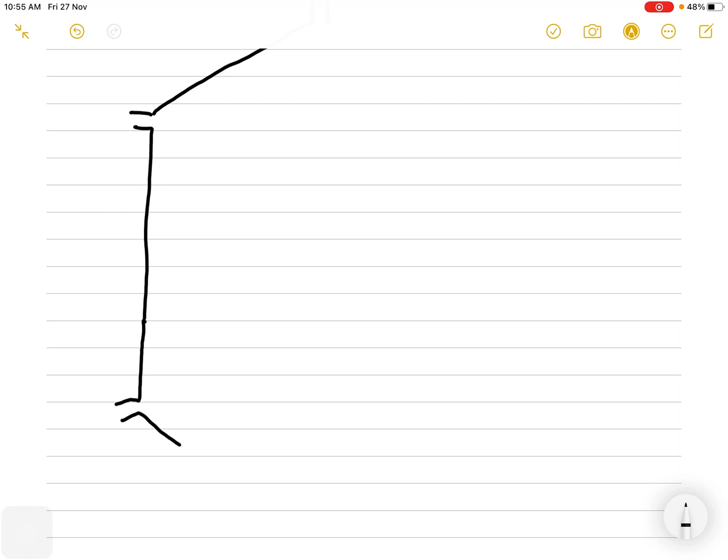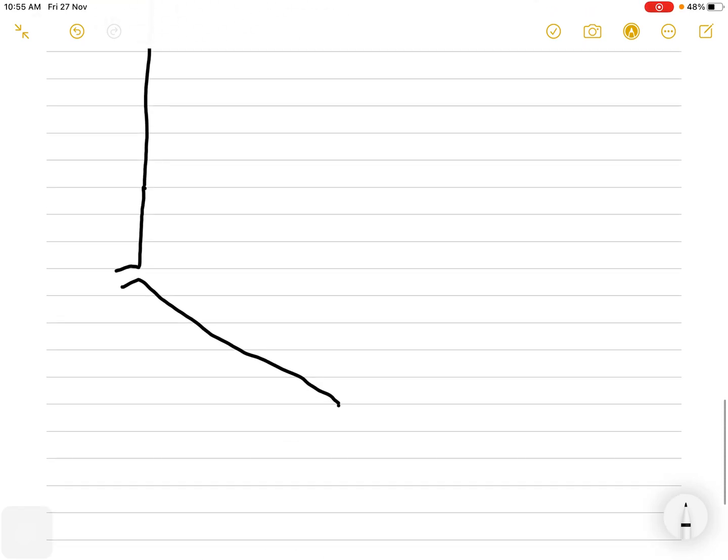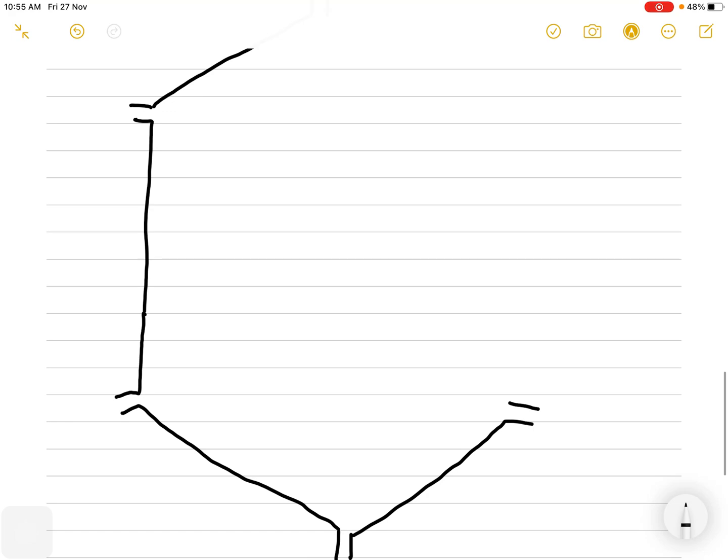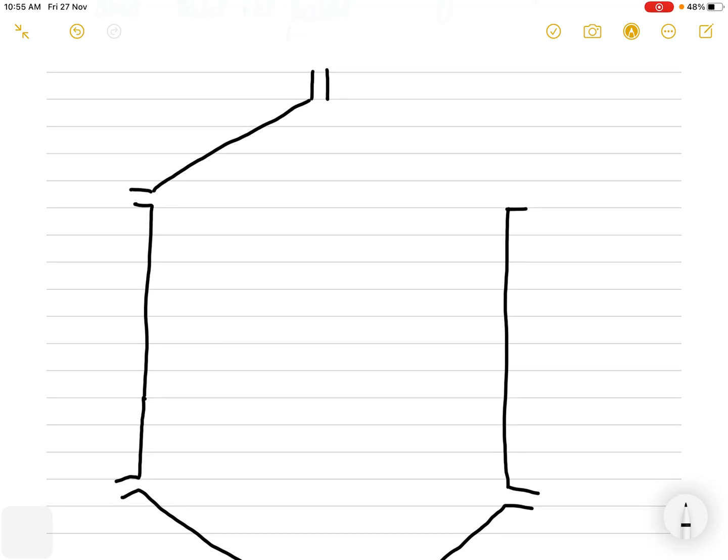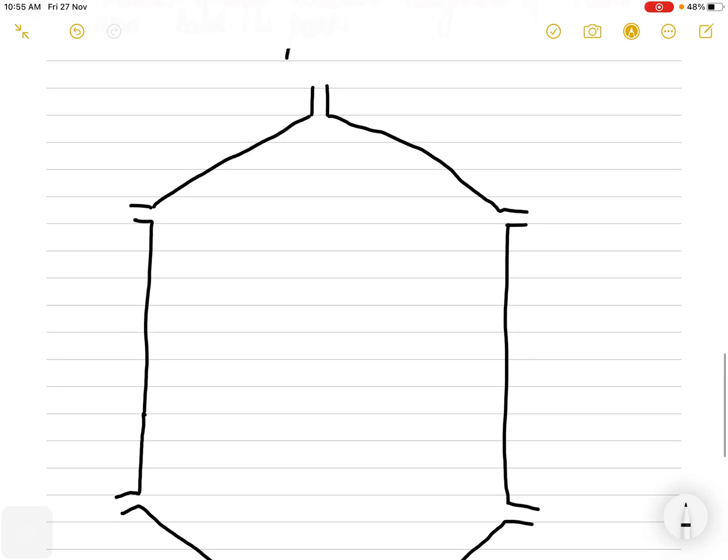You can take the help of your ruler, because I am drawing it free-handed right now, but you can draw it in a very beautiful manner. So first we are drawing the outer lining of our plant cell.